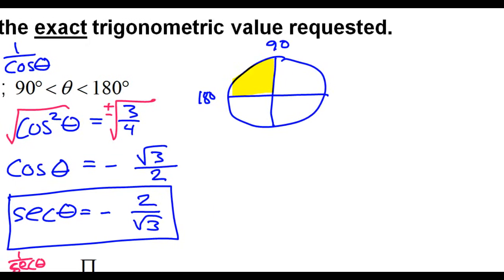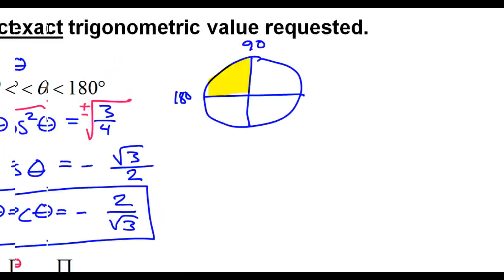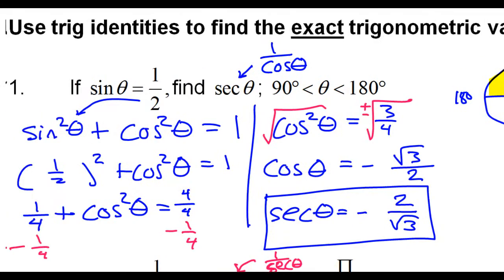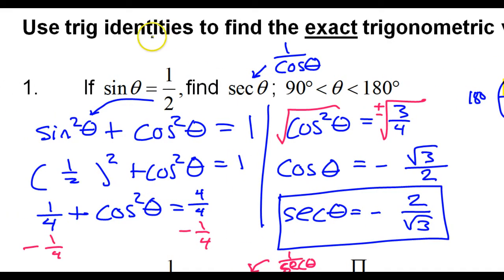So this problem should be looking real familiar to you. Here's a way we did it before, but we're practicing our trig identities. So the way I'm going to remind you of is not the way you should be doing it this time around. We've done that and learned that, and now we're learning something new.